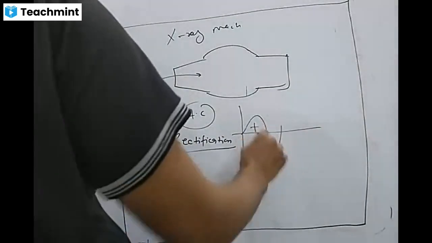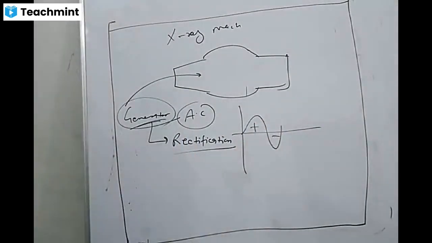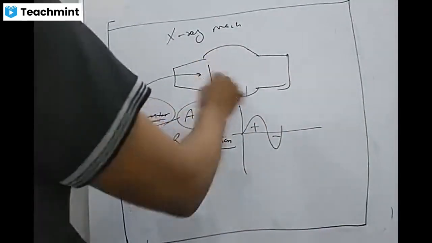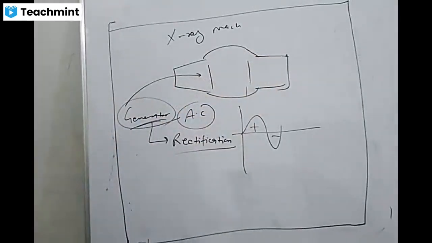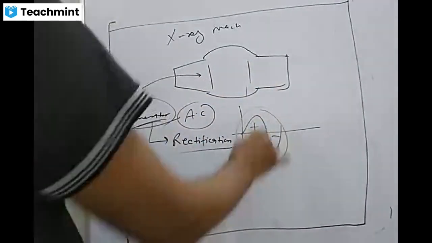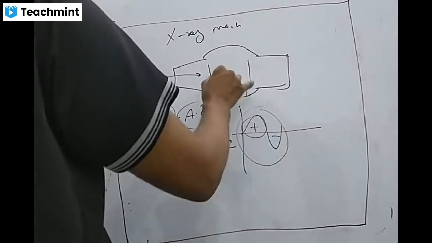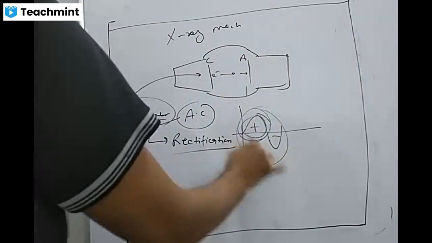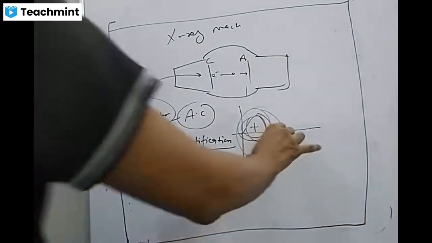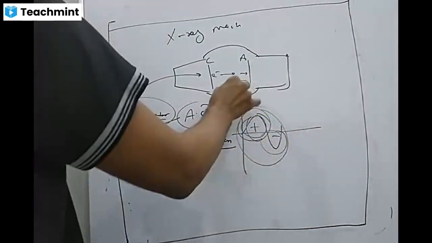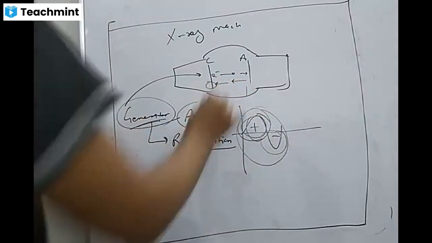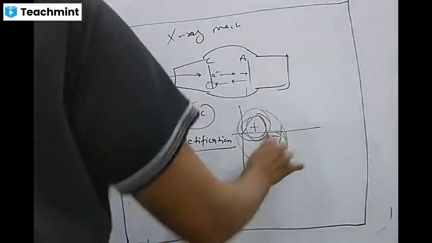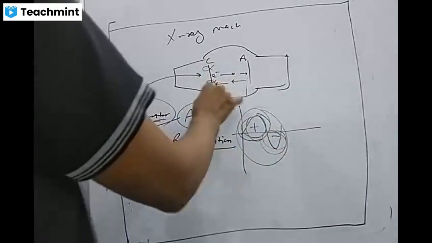It alternates: sometimes it becomes positive and half of the time it becomes negative. This is your cathode, this is your anode. If you use AC current, then half of the time, 50% of the time, the electrons will move from cathode to anode. In the next half cycle, they will move back to the cathode, and during this part these electrons will damage our cathode.